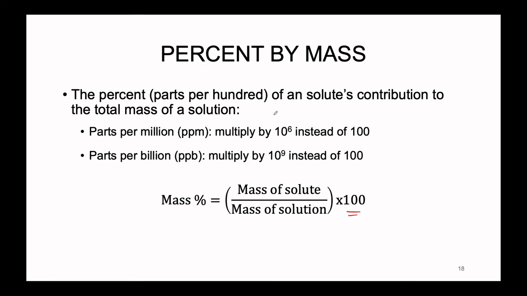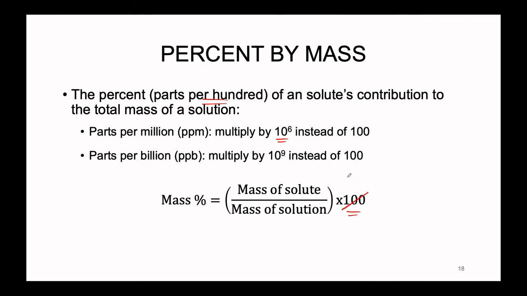All right, so percent by mass is the percent of a solute's contribution to the total mass of a solution. However, sometimes it is also going to be more useful to not look at percent, which is parts per 100, but rather to look at parts per million, or ppm, or sometimes also parts per billion, which is ppb. Now, how we find parts per million as well as parts per billion is the same equation as our mass percent, but the difference is that in parts per million, we multiply by 1,000,000 instead of 100.